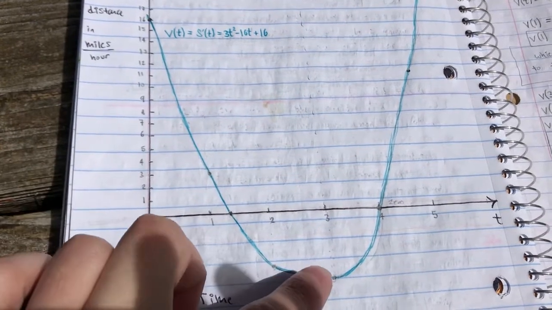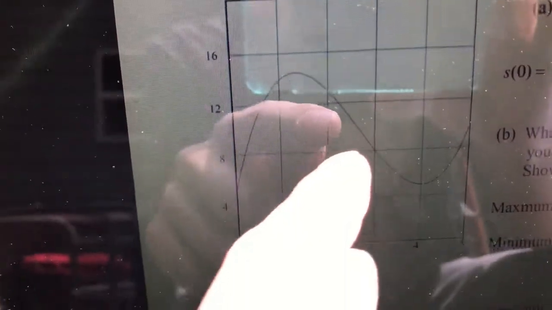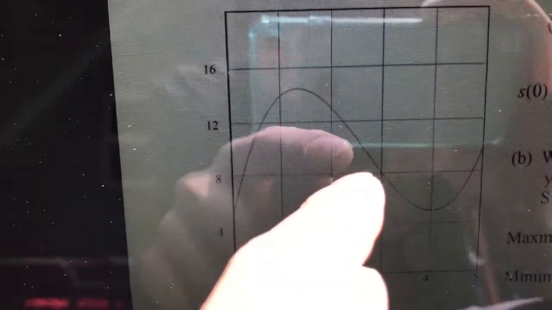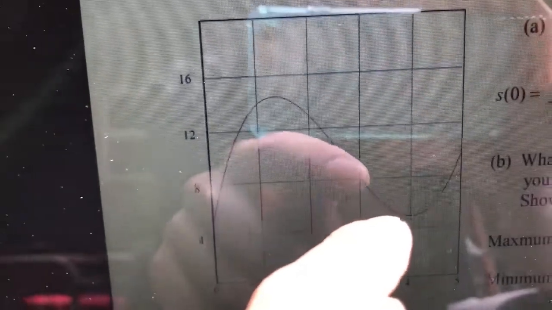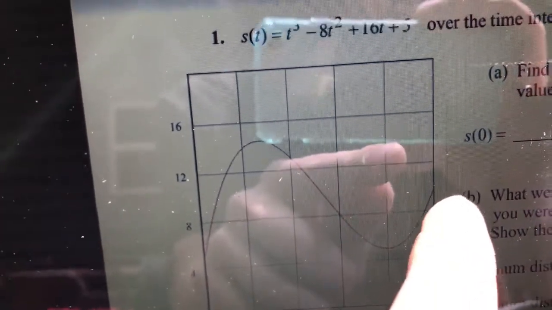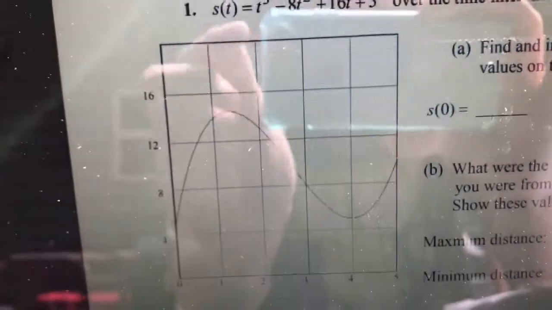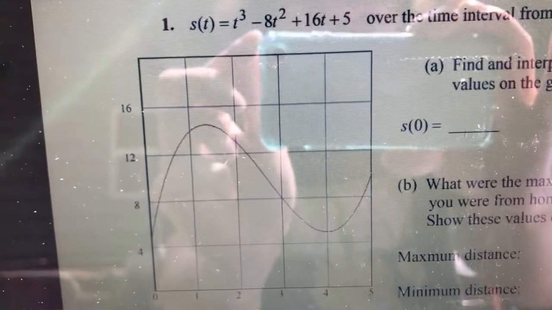We're still decreasing, and at the point v of 3, we begin to increase our velocity. At v of 3, our velocity, although it's still negative, begins to increase towards 0 and then head past 0 in a positive direction. So from v of 3 to v of 5, the velocity is increasing.